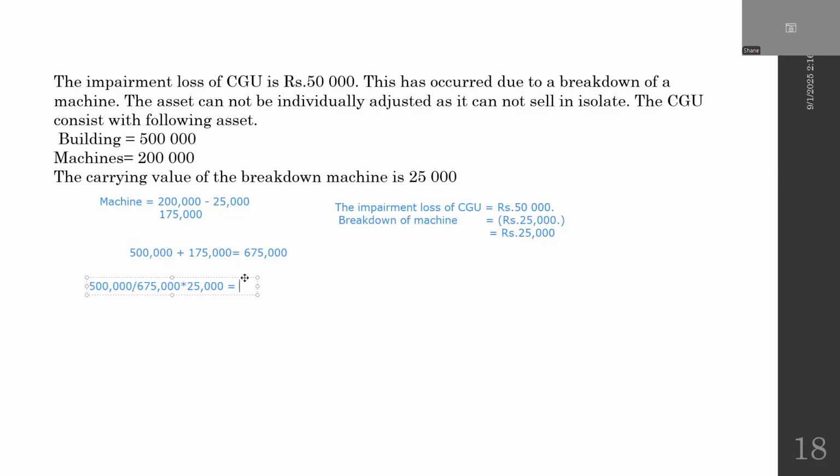So this is the answer. This is the impairment loss of the building, not the machine. Like this, we can get the machine's loss. We know the machine value is this now value.